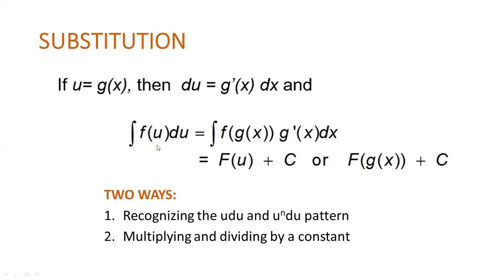So if your f of u du could be split into two functions, f of g of x times g prime of x dx, then you can process the integral, because its derivative is already provided to you.